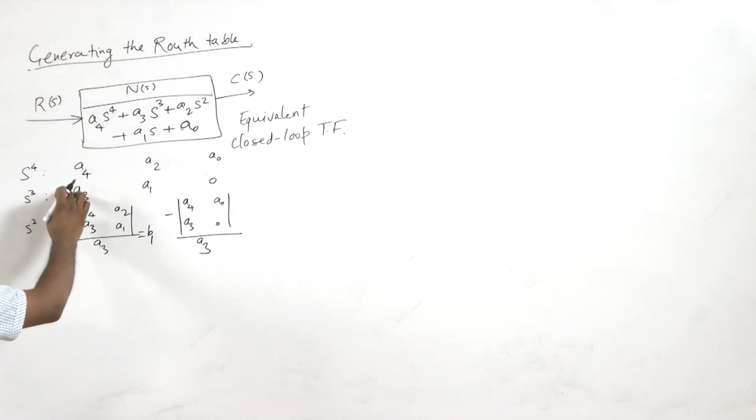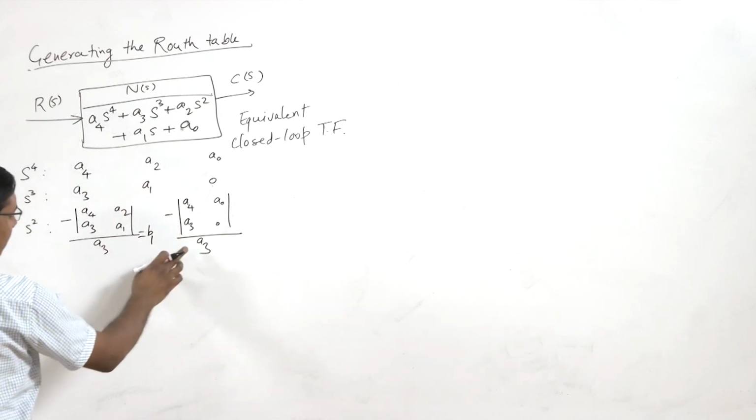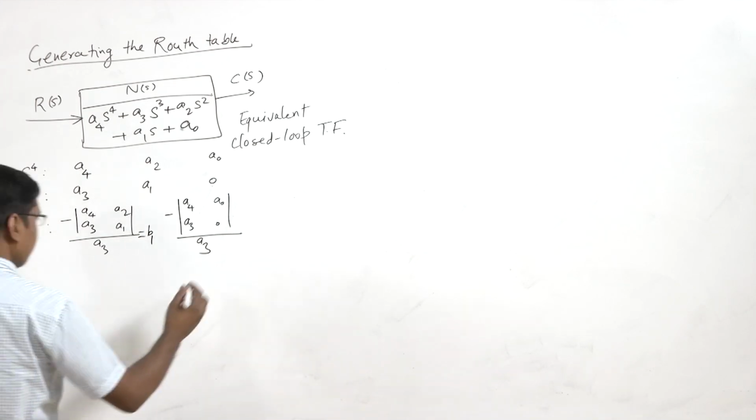We see that this column is fixed and this first element will divide these elements of this row, and let us say this is B2.